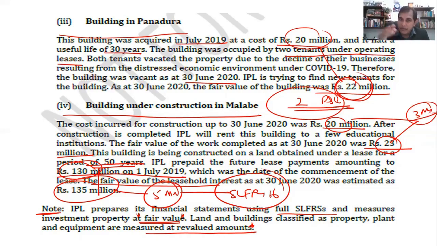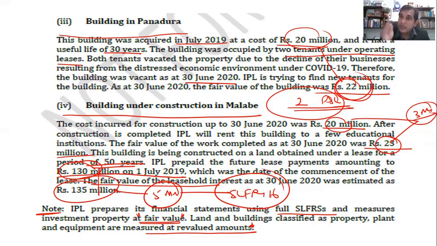Then the land also could be used for that purpose. There is no other purpose for the land. So the land also could be identified as investment property. Then you need to understand how we are going to measure it.